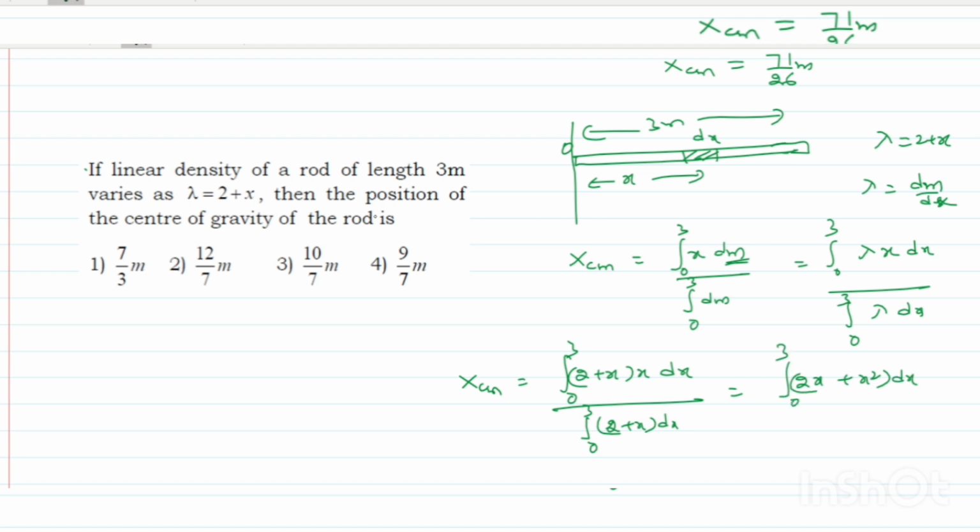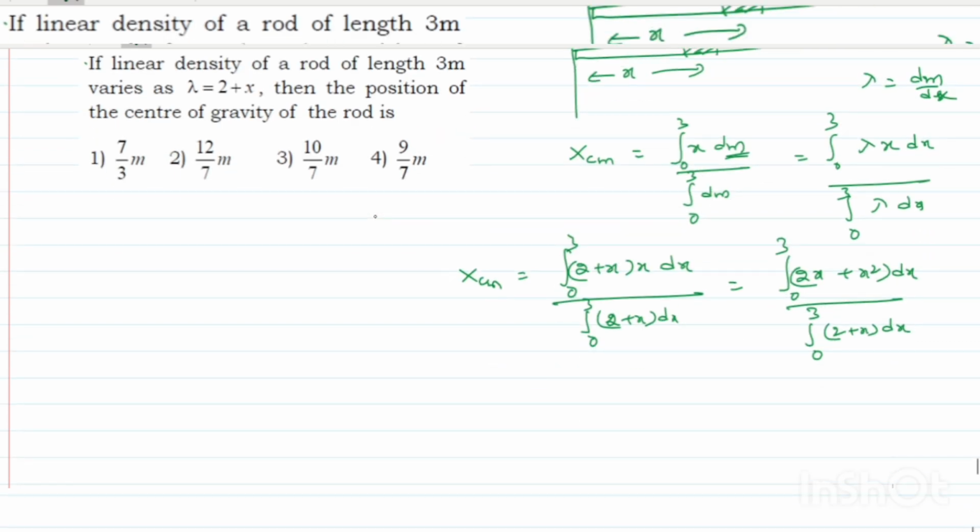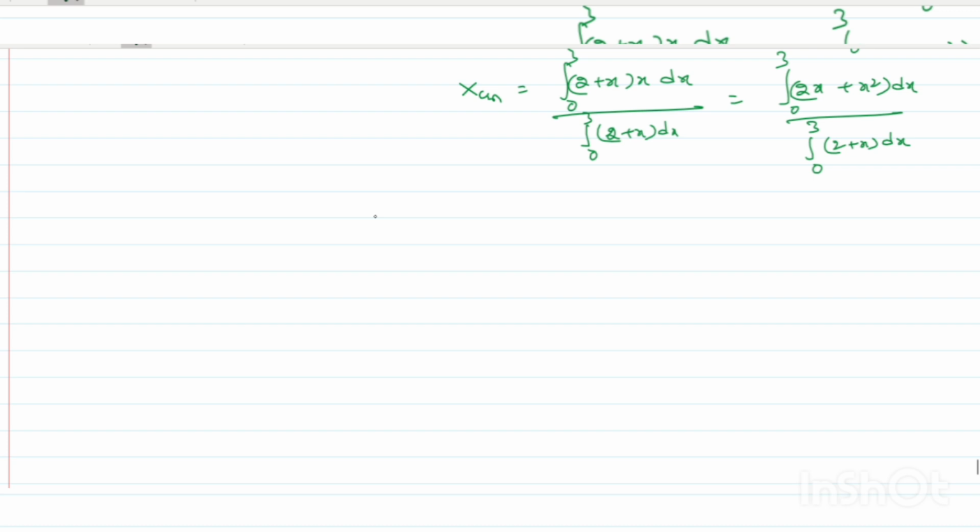Now substitute, students: the numerator is 2 into the integral of x dx, which is x square by 2, plus the integral of x square dx, which is x cube by 3, in the limits 0 to 3, by 2 into the integral of dx, which is 2x, plus the integral of x dx, which is x square by 2, in the limits 0 to 3.